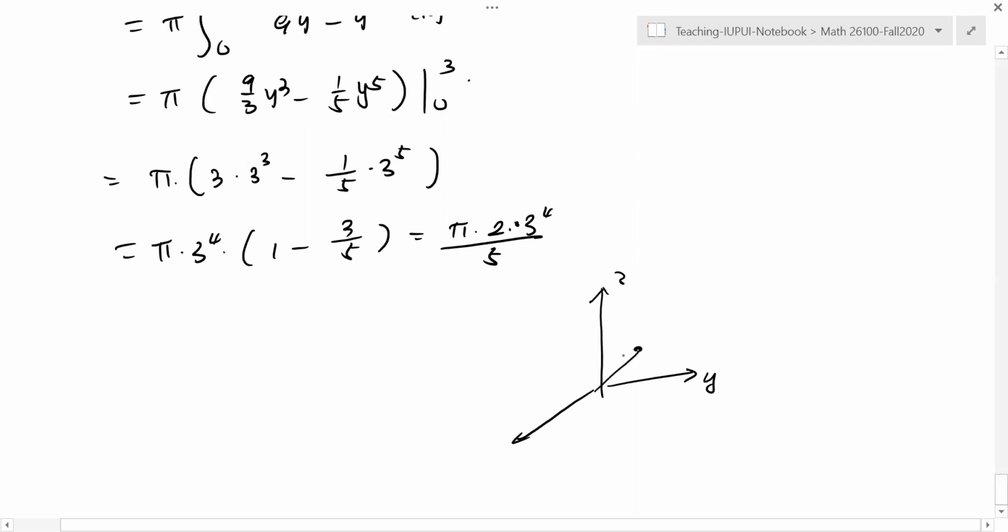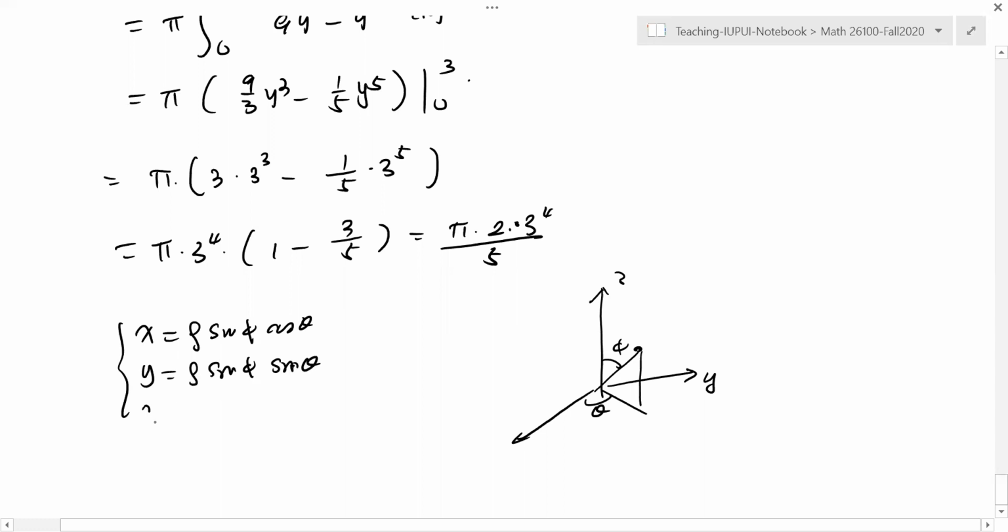So an arbitrary point here, this is phi, that's theta. So spherical coordinates: x equals rho sine phi cosine theta, y equals rho sine phi sine theta, z equals rho cosine phi.